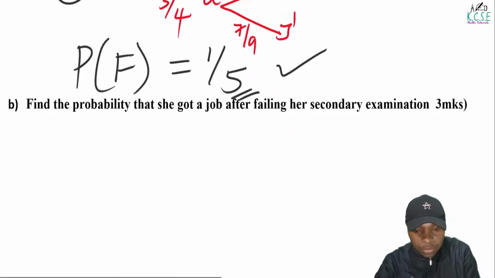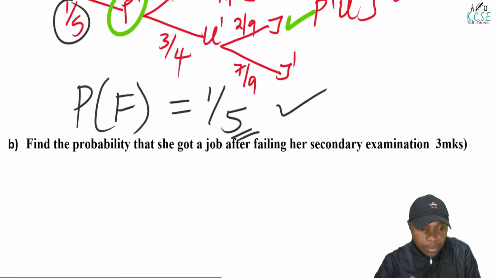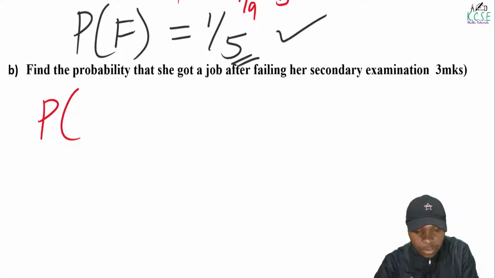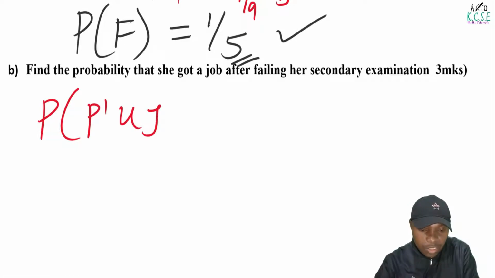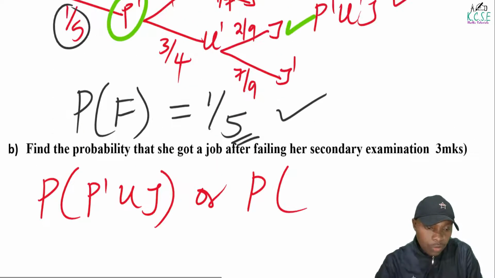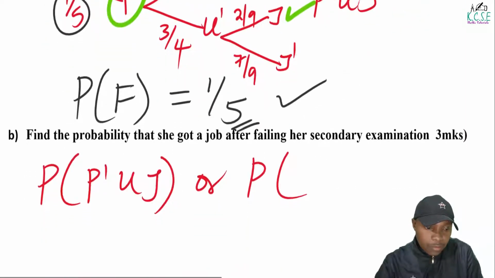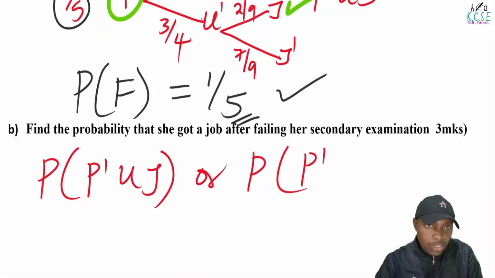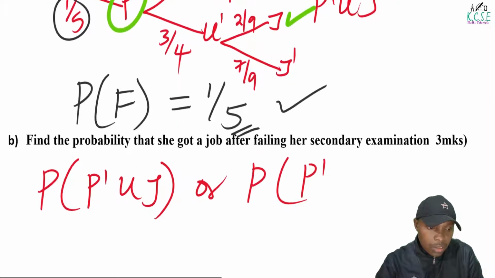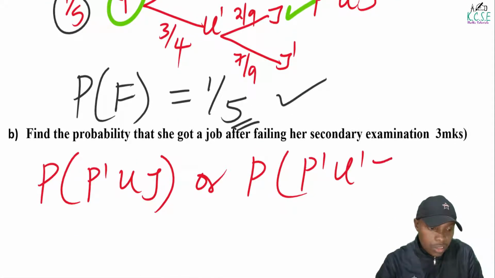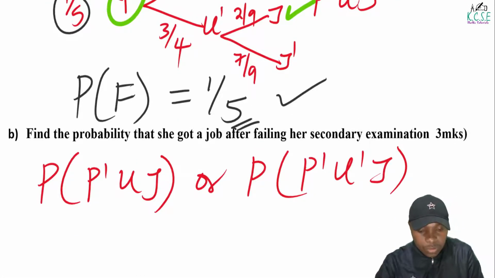That will be given by the probability of P prime U J, that is failing the secondary examination, joining the university, getting a job, or the probability of failing the secondary examination, then not joining the university and getting a job. So those are the two.